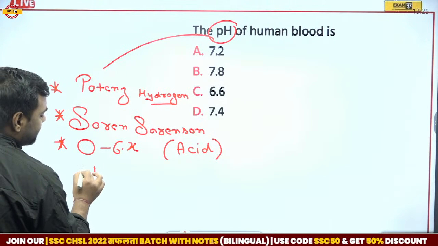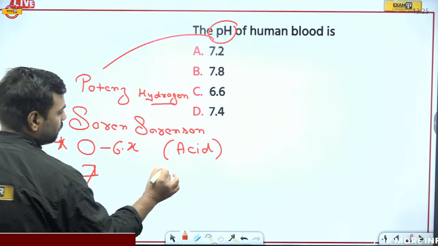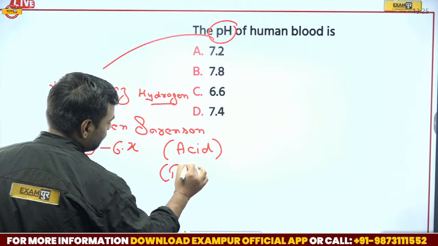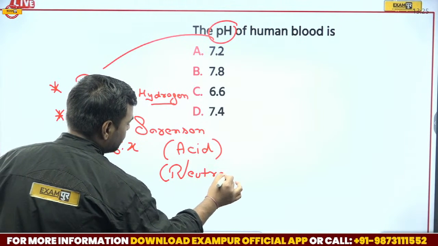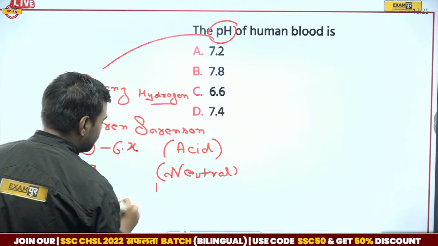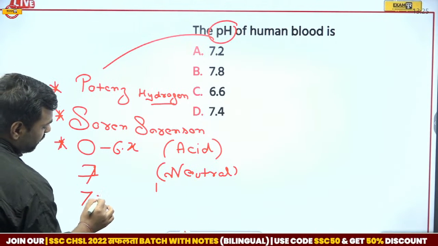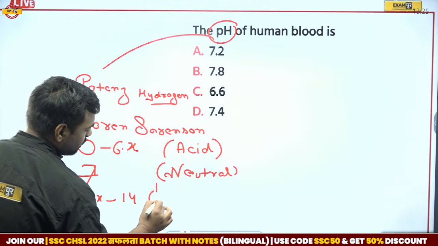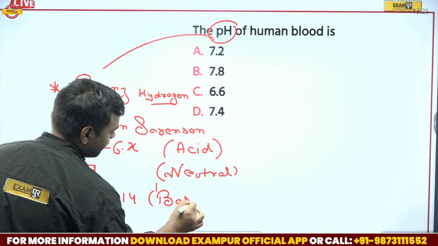If its value is exactly 7, that is 7.0, it will be neutral. If it is 7.x till 14, this will be considered a base.